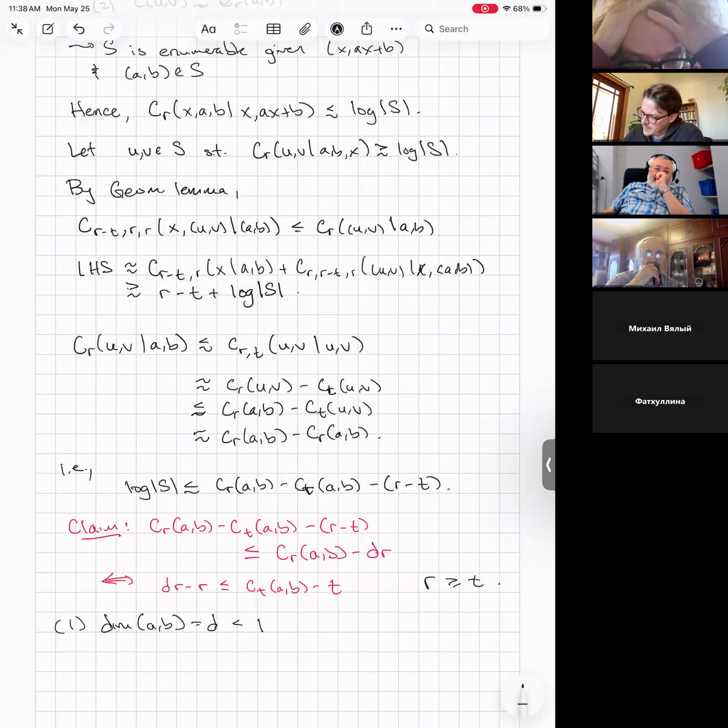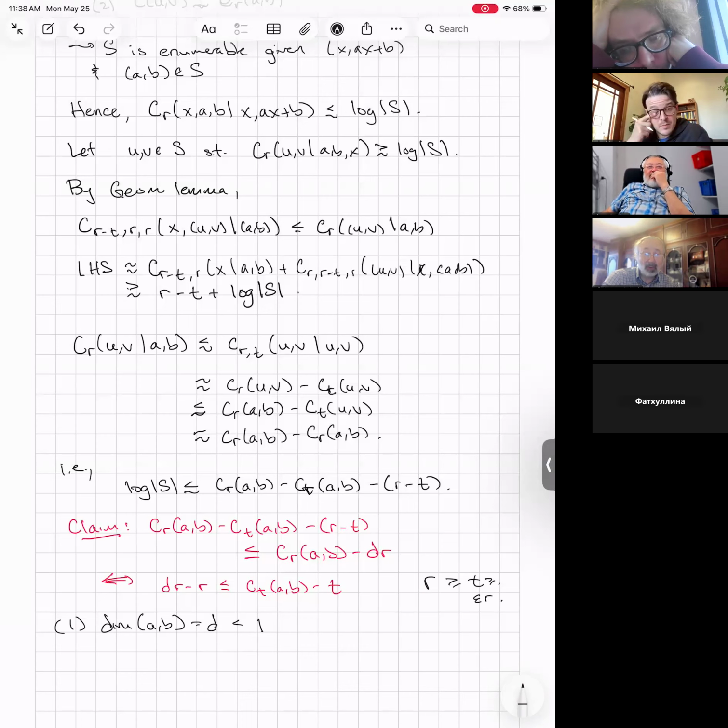So we have this upper bound on log S, which is the complexity of the first R bits minus R. Then, because R is larger than T, the left-hand side is less than the right-hand side, because here we also have D, actually DT minus T in the right-hand side. And it's clear that DR minus R is less than DT minus T because R is greater than T.